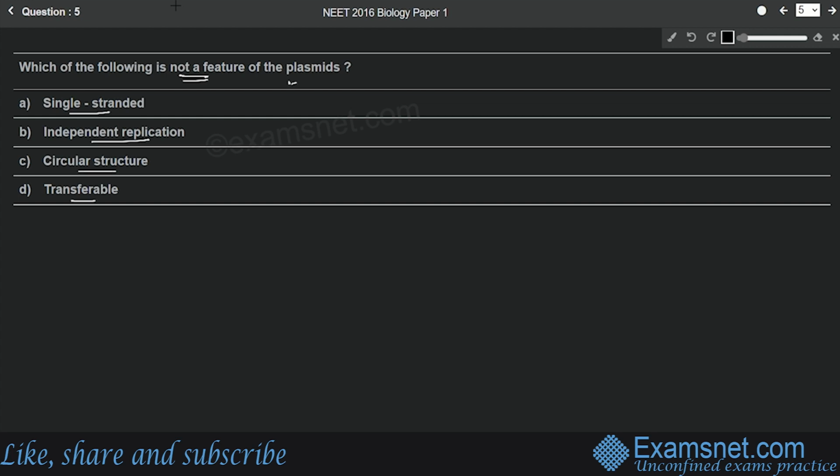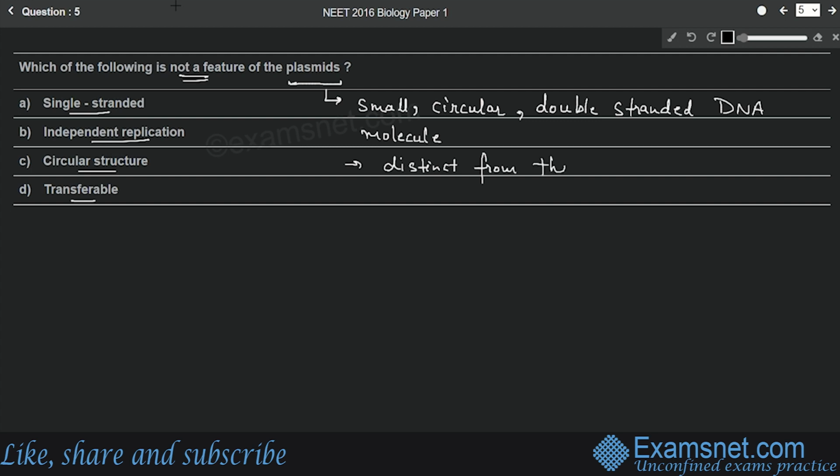So first of all, let's see what plasmids are. We know that plasmids are small, circular, double-stranded DNA molecules, and these are distinct from the chromosomal DNA.